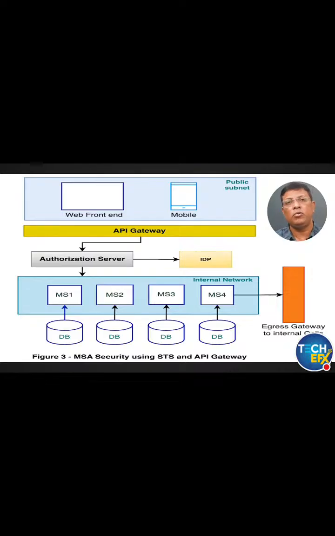If not, it sends the user to a login page which has multiple authentication challenges depending on the organizational need. Once a user enters the authentication credentials, a call is made to the authorization server via the API gateway. Authorization server authenticates the user credentials by validating them with the identity provider. This can be any LDAP system present in the organization.